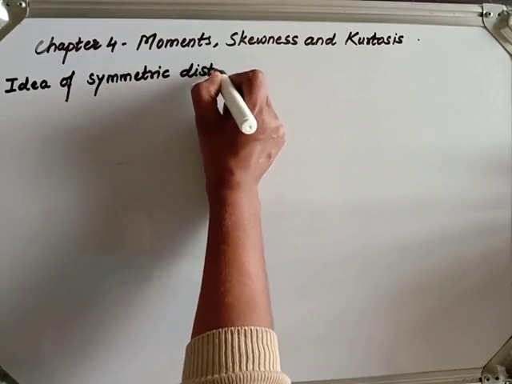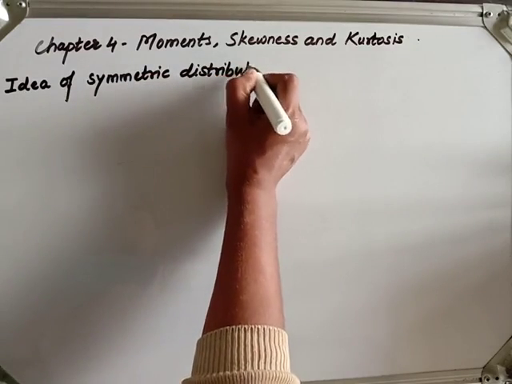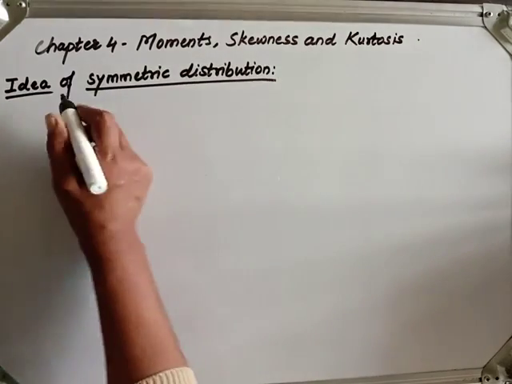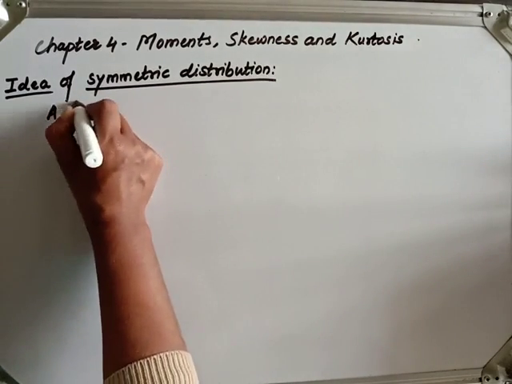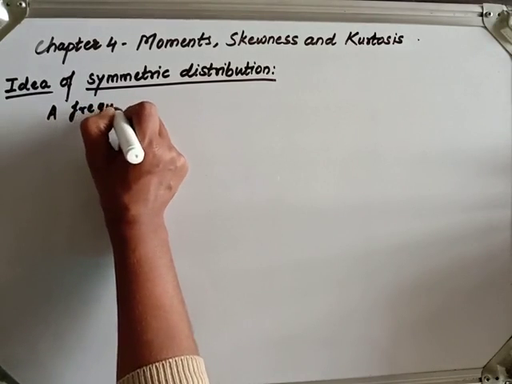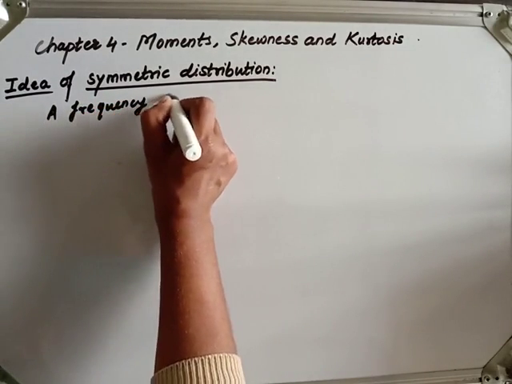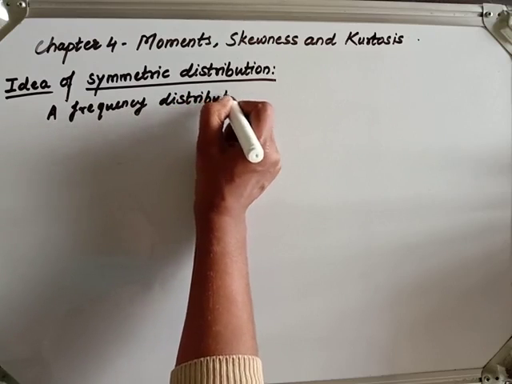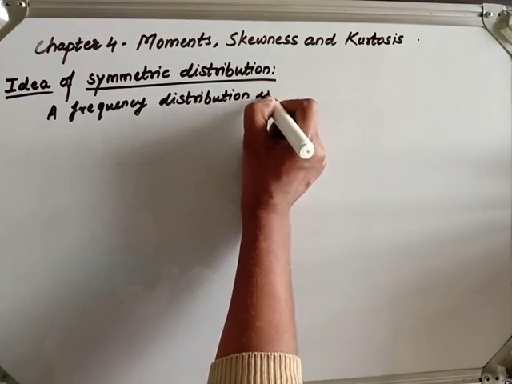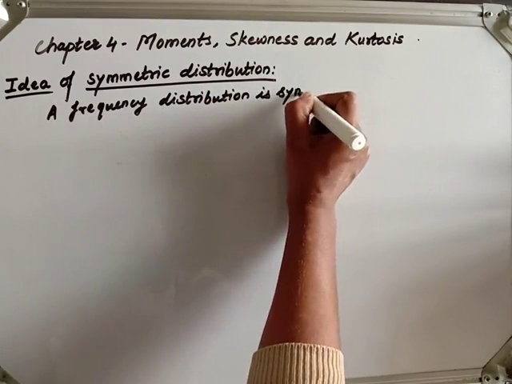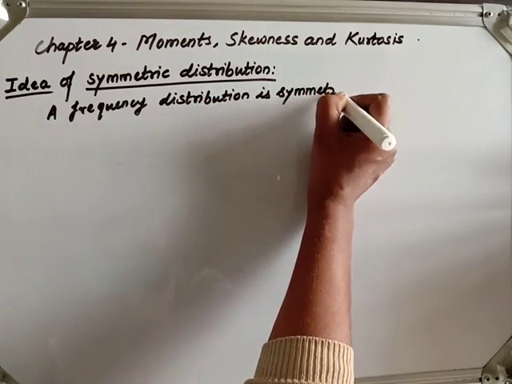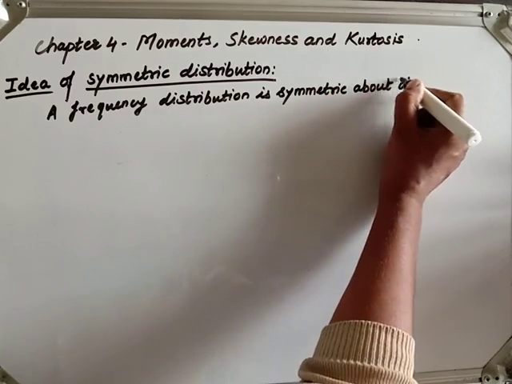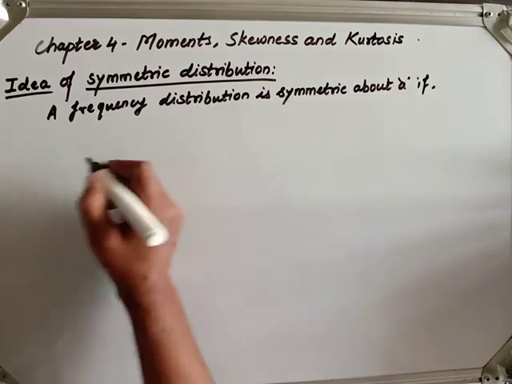A frequency distribution is symmetric about A if the following conditions hold.